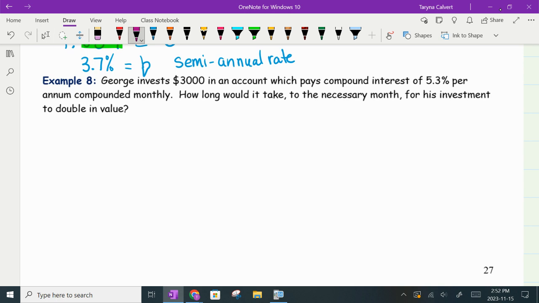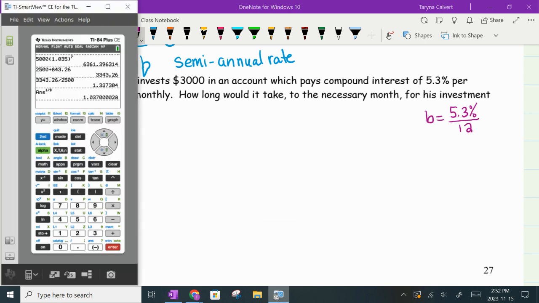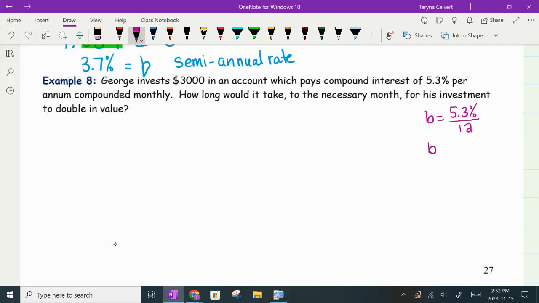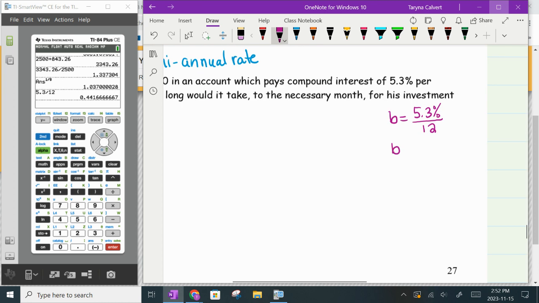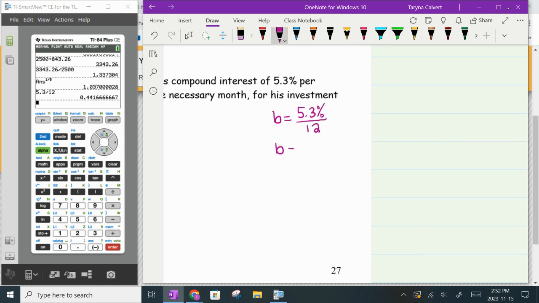So let's put our values in. Again, I have to take that 5.3 and divide it by 12 to get my B value. So that's not my B value yet, right?